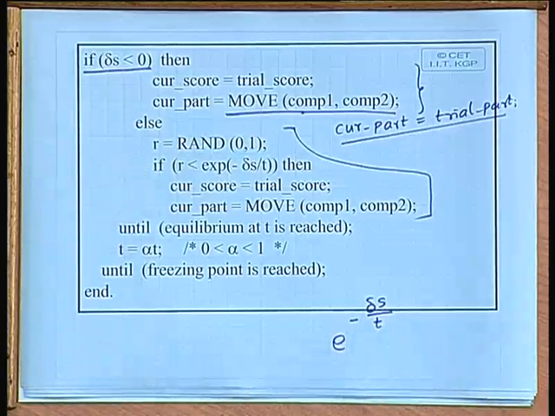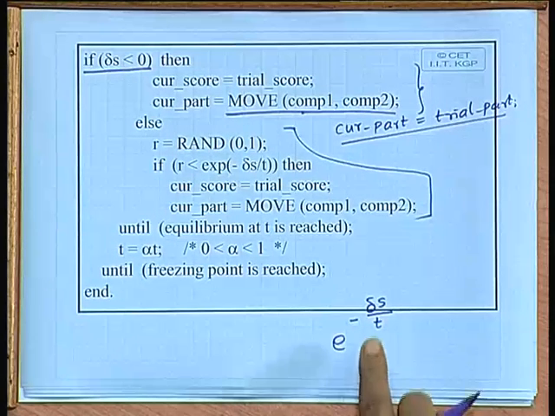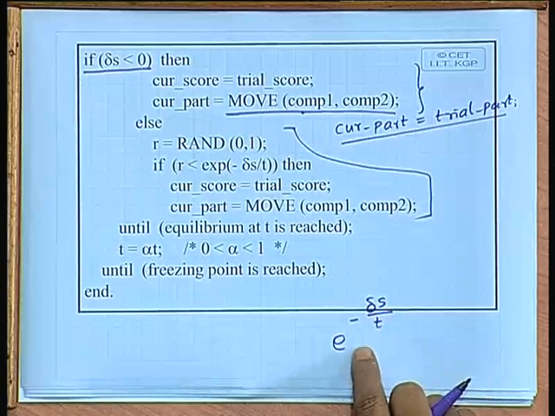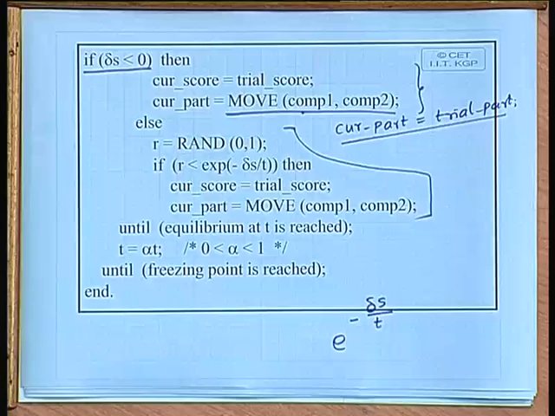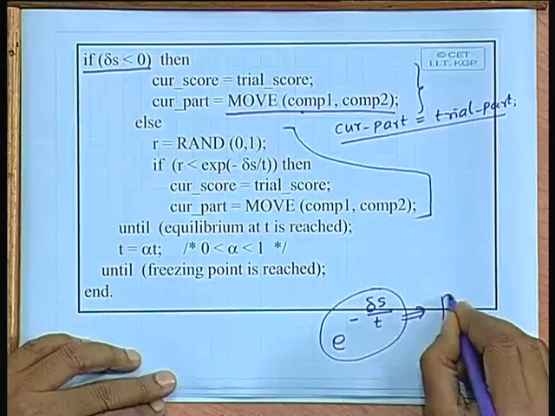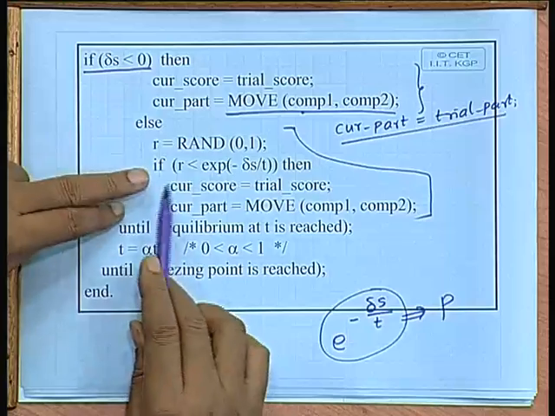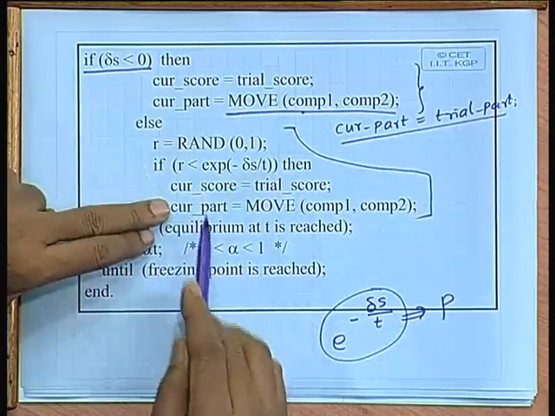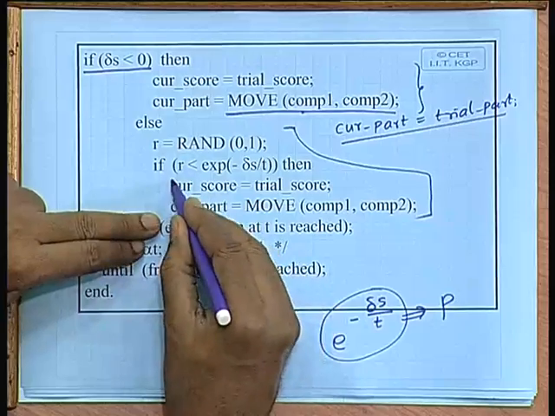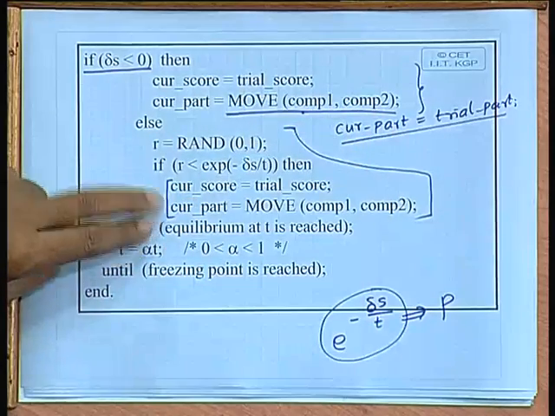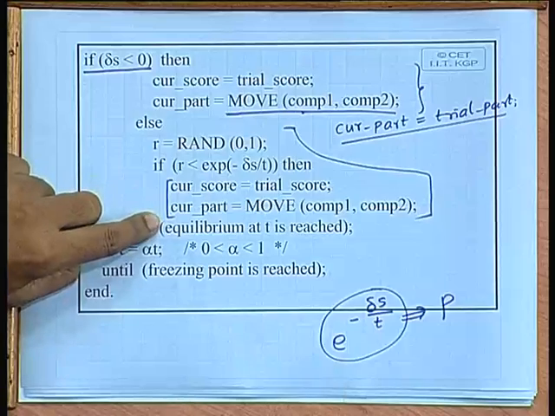So, if you are going towards a very bad solution, the chance of accepting it will be less, but if delta S is less, then this value will be more. This is the probability P which I was talking about. You check if R is less than this probability value, and if so, you accept it. So, here you accept it, the same code as out here, otherwise you do not accept it.